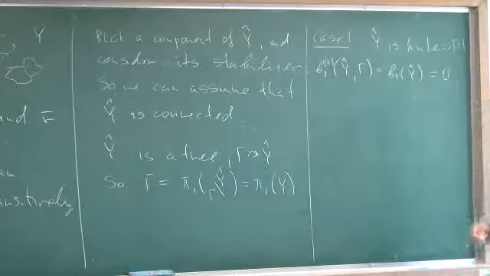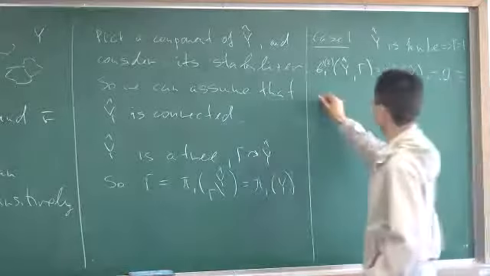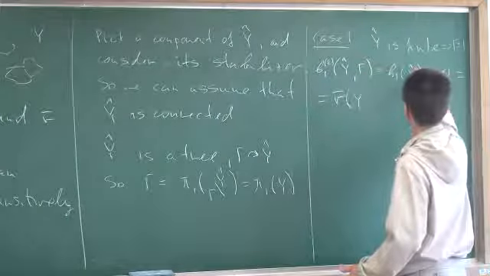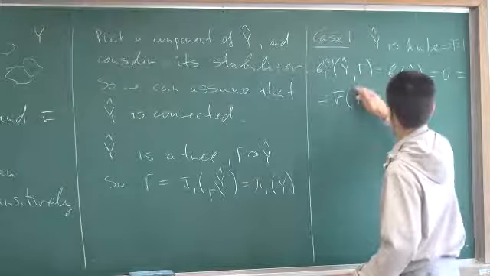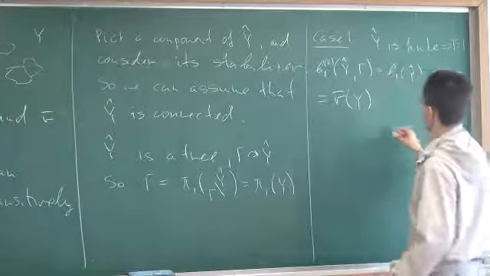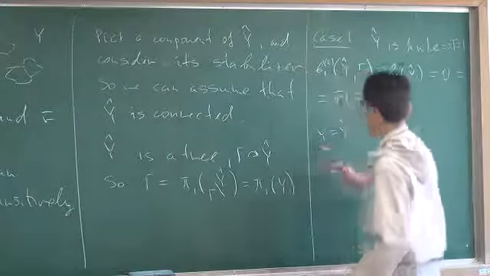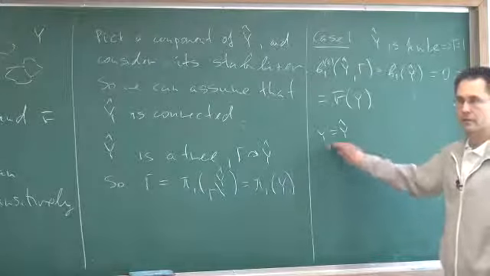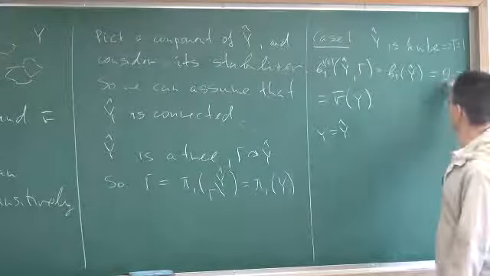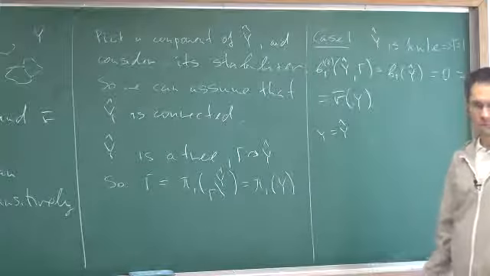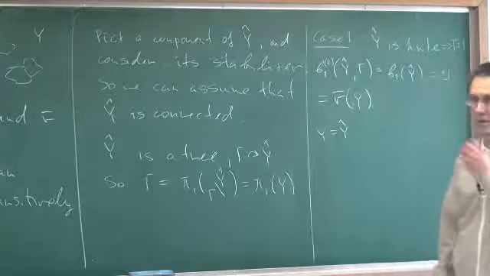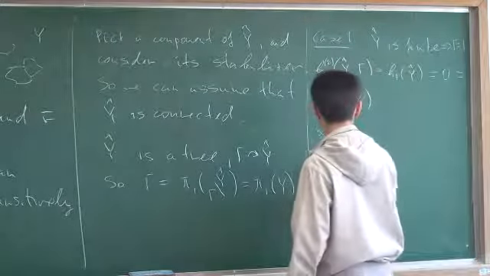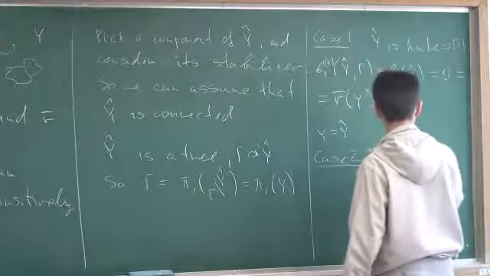So we computed this. This number is 0, but 0, of course, happens to be equal to the reduced rank of y. Y is equal to y hat here. Y was the quotient of this by the trivial group, so it's the same thing here. So 0 is the reduced rank of a tree. We know that, right? The reduced rank of any finite tree is 0. So in this case, we prove the equality. Case 2 is that y hat is infinite.